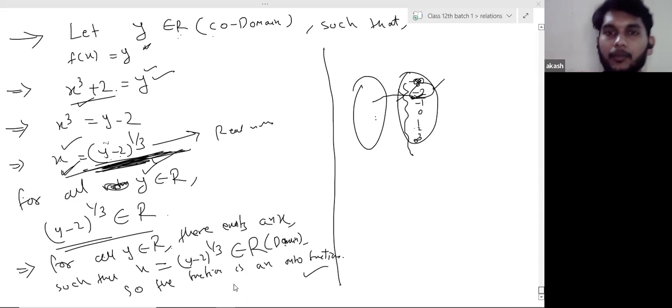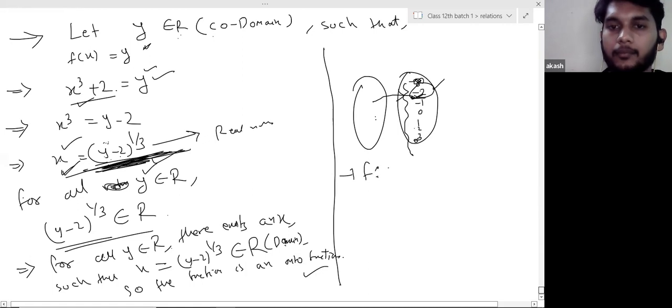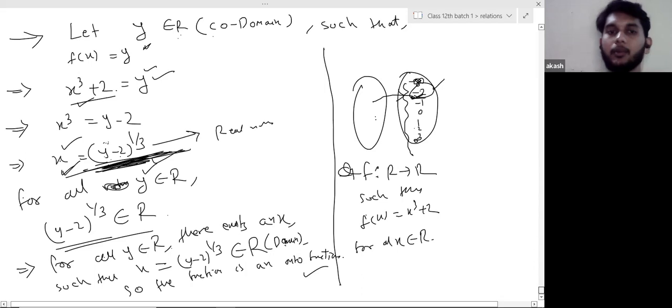The question was f from R to R such that f of x equals x cubed plus 2 for all x belongs to R. This is the question. You have to check the onto, and this is the answer.